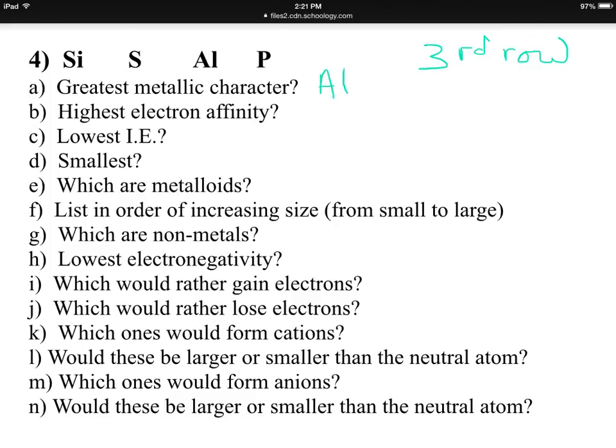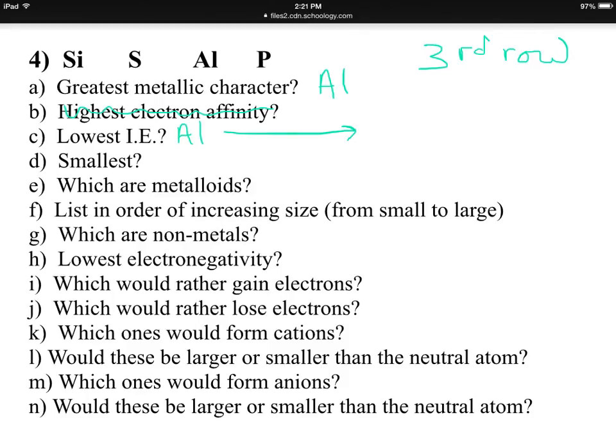It is the one that's farthest to the left. Highest electron affinity, we're not talking about that. Lowest ionization energy, that would probably be aluminum, because ionization energy increases as we go across, and aluminum is on the left hand side.